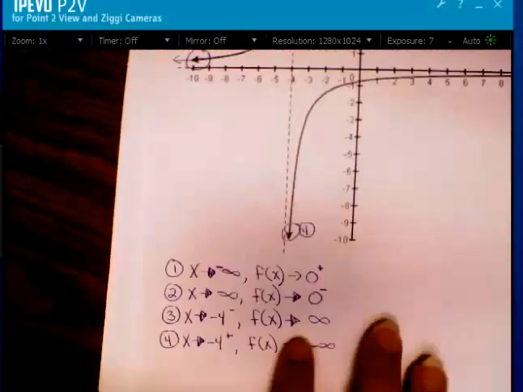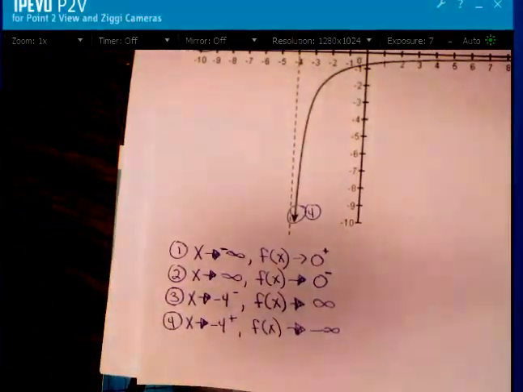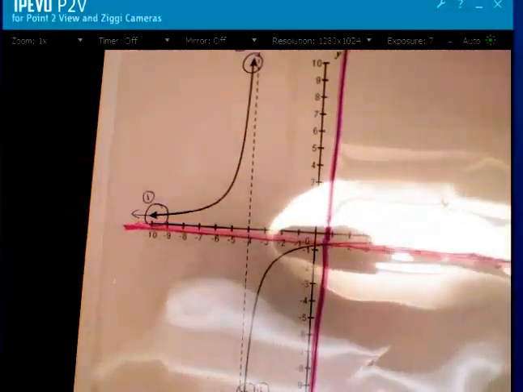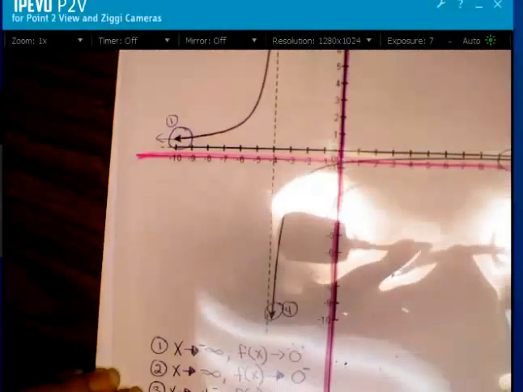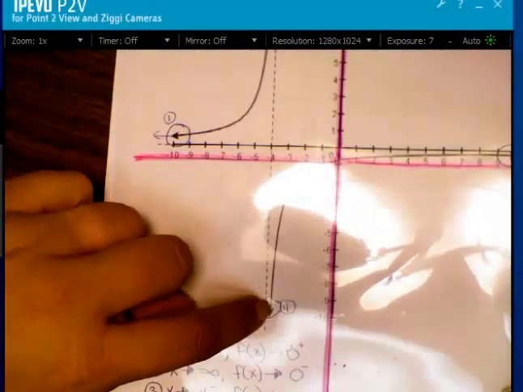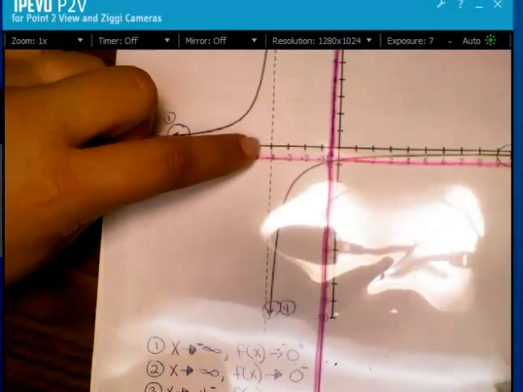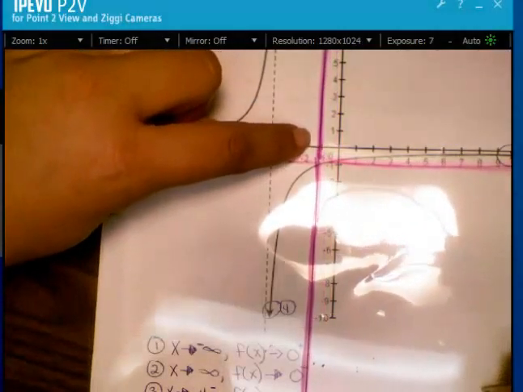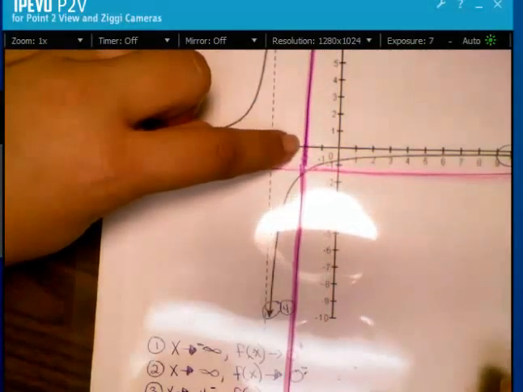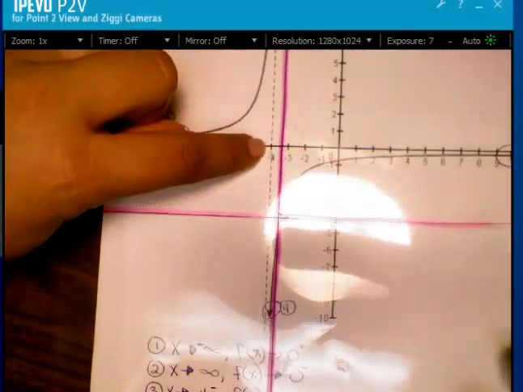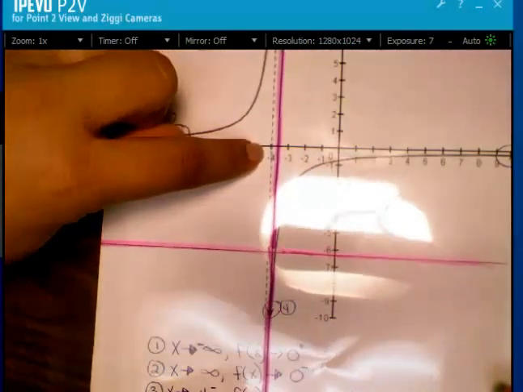Okay, and I'll do it one more time with this very last one. As I'm tracing this function towards end behavior number 4, you can see that the purple is tracing along this x-axis right here, and it's getting closer and closer to negative 4.